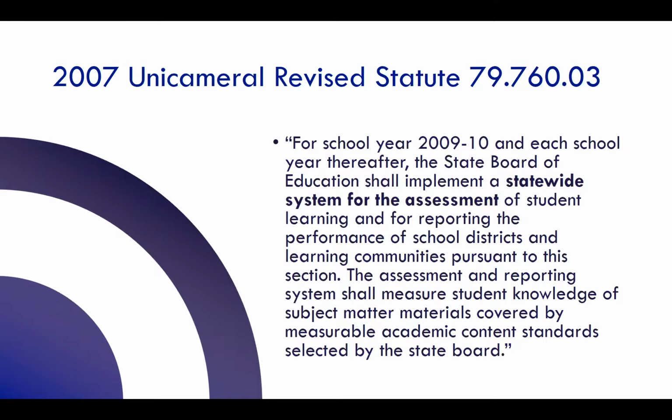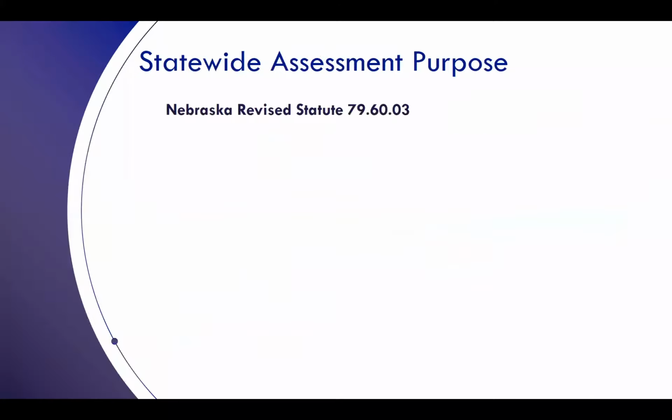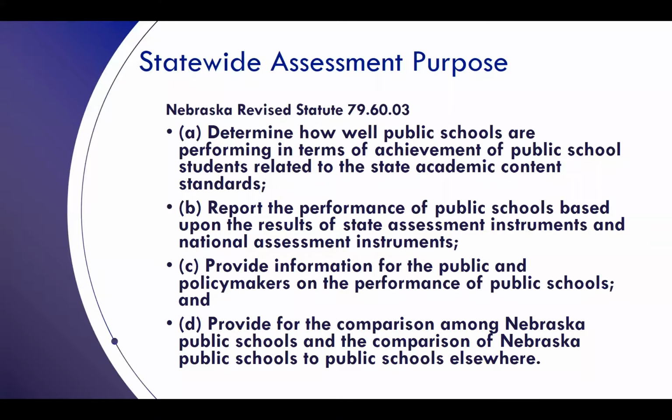What a lot of people don't realize about that law, or maybe it's been lost to time now, is that the purposes of the statewide assessment were actually laid out in the law itself. There are 4 different purposes that are laid out. I'm not going to read each of those to you. When we did this live, we had educators look through these 4 different purposes and talk about what they noticed or didn't notice that was included in these 4 purposes.